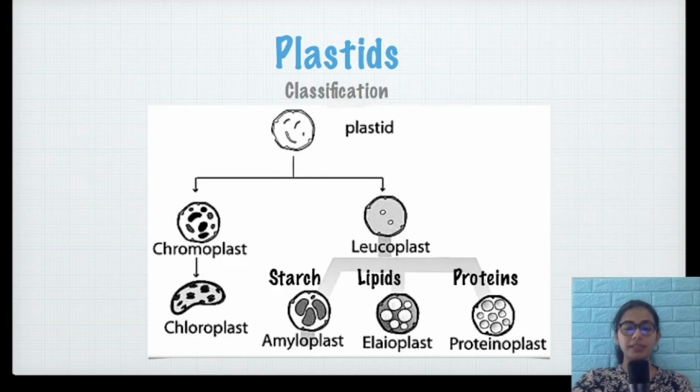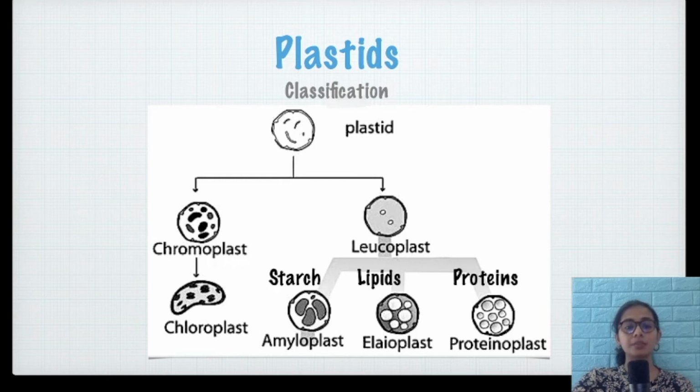Now the next organelle that we are going to be studying about are plastids. Now there are many types of plastids, and broadly they can be classified into chromoplast and leucoplast. First, let's take chromoplast. The word chromo means color. So, chromoplasts are those plastids which have colorful pigments in them.